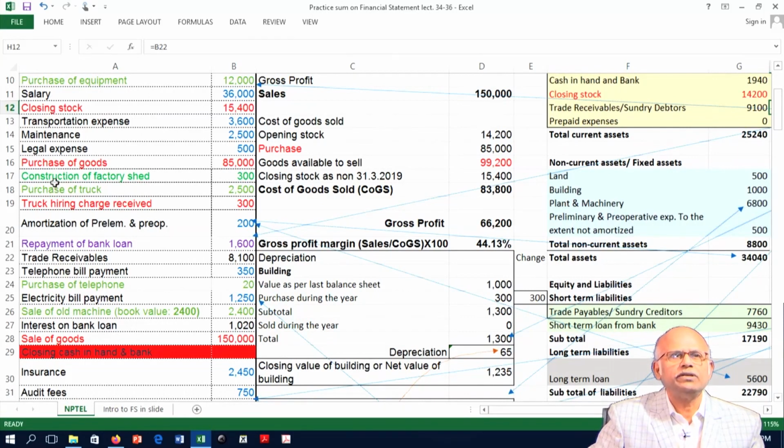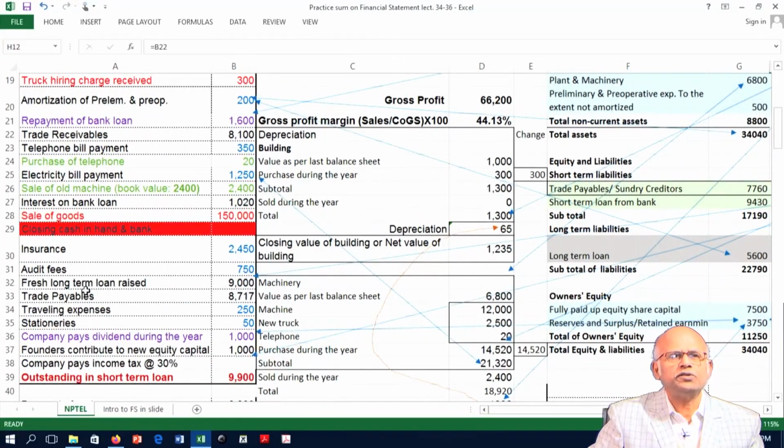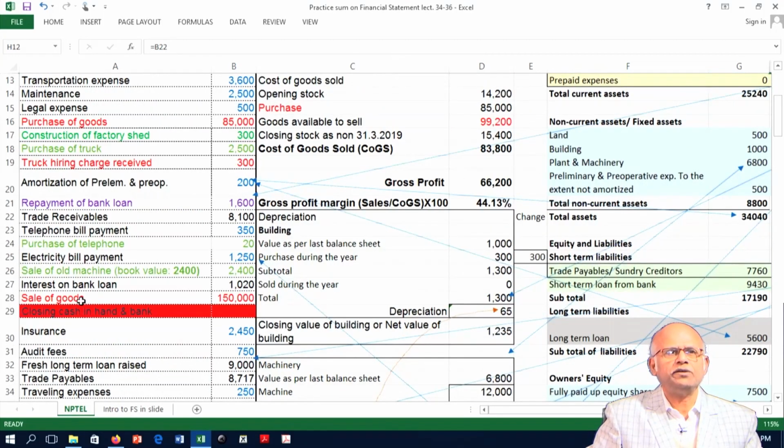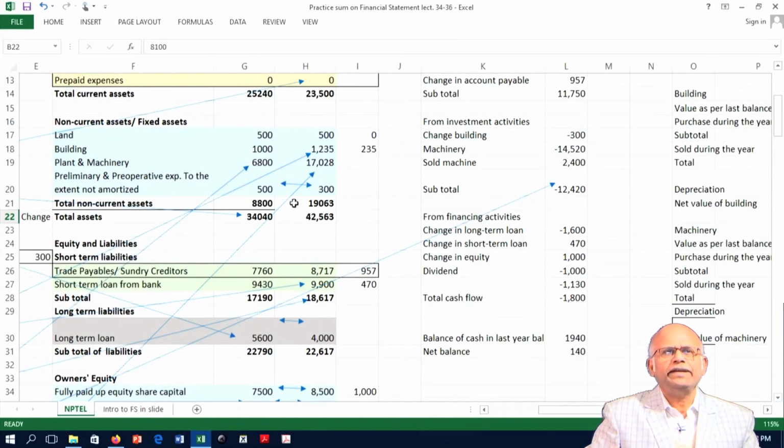Accounts receivable, this is accounts payable, trade payable and account payable are the same thing, and there will be some data which is accounts receivable or trade receivable. Trade receivable and accounts receivable are the same thing, it is here. Trade receivable is 8,100.